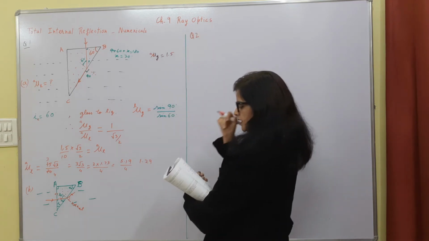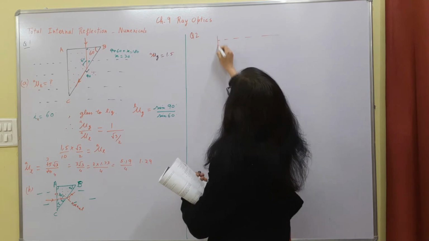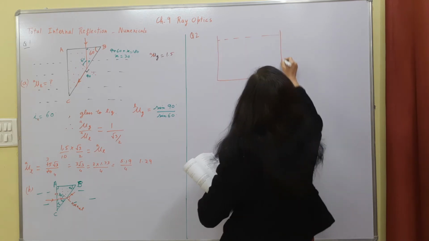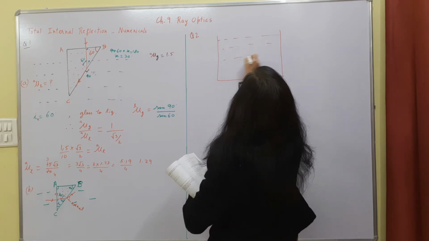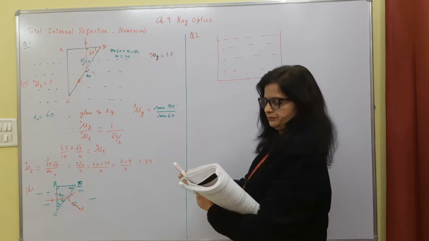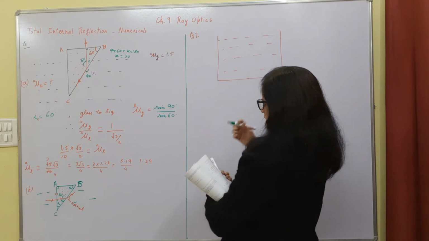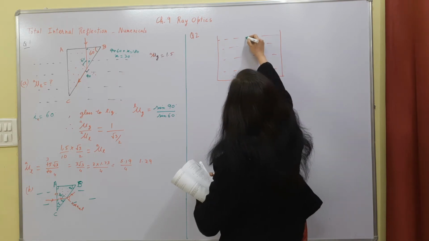A small bulb is placed at the bottom of a tank containing water to a depth of 80 centimeters. So this is the depth of 80 centimeters.